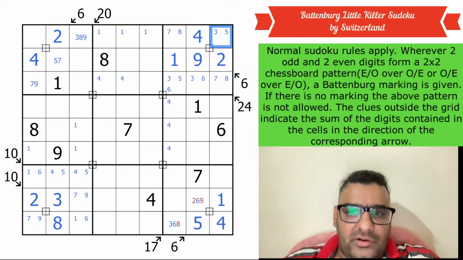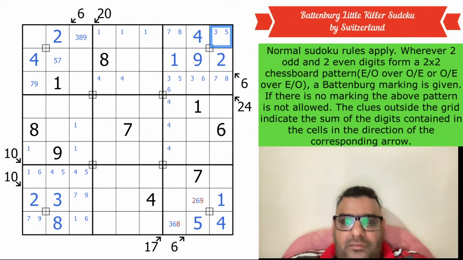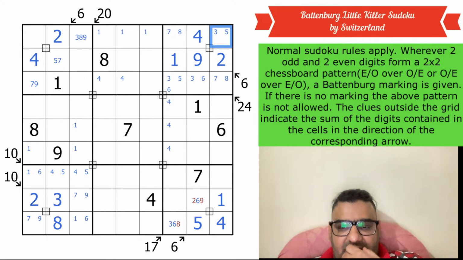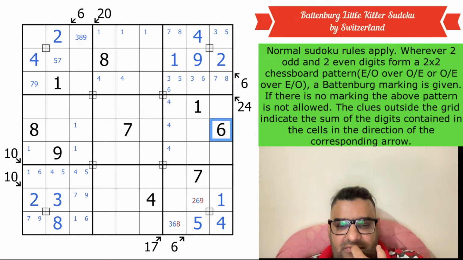I have not come to diagonals. This could be 6 and 1. 1 can be anywhere. Do we have 6 anywhere?